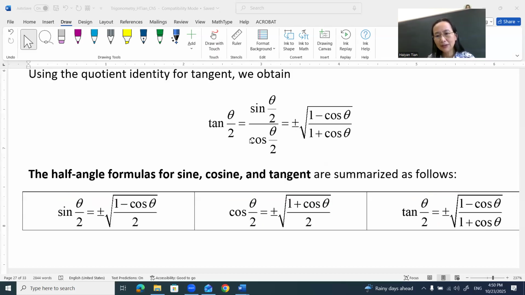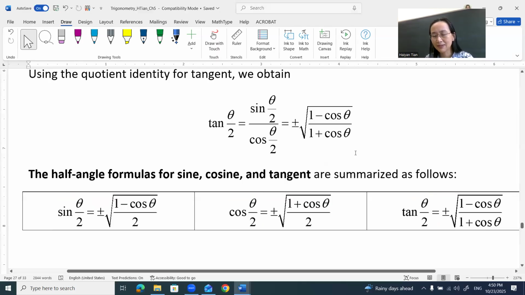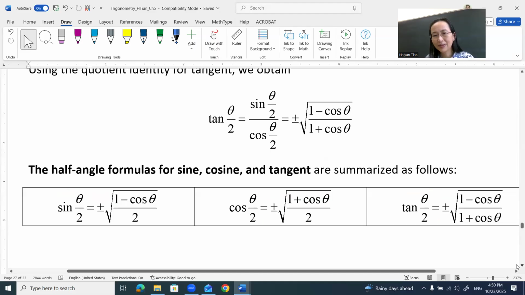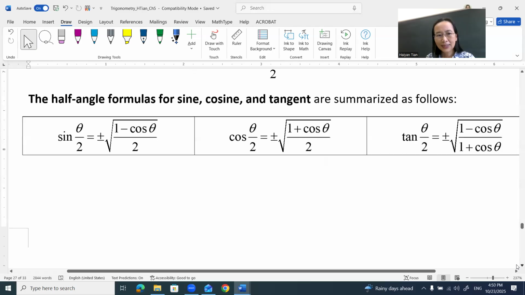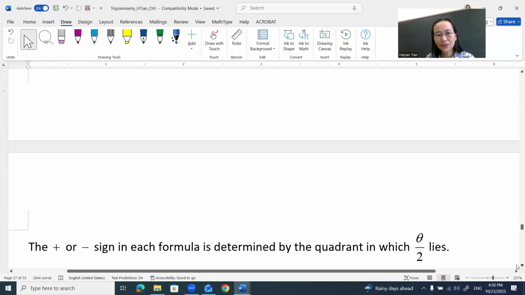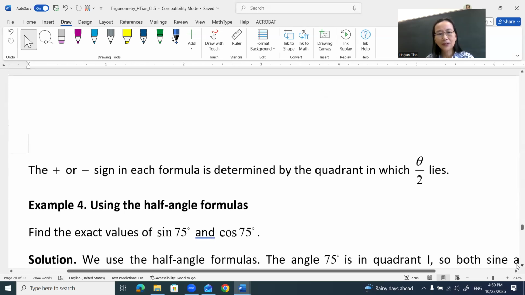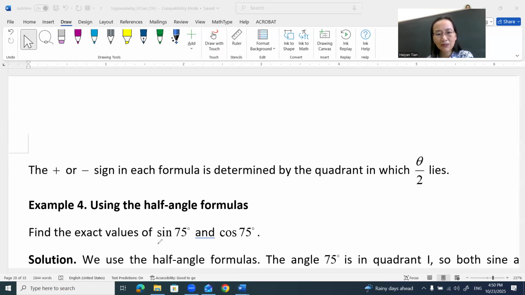So now we have these half angle formulas for sine, cosine, and tangent. That's sufficient for our use. Let's look at one example: use half angle formulas to find the exact value of sine 75. We want to find the exact value.